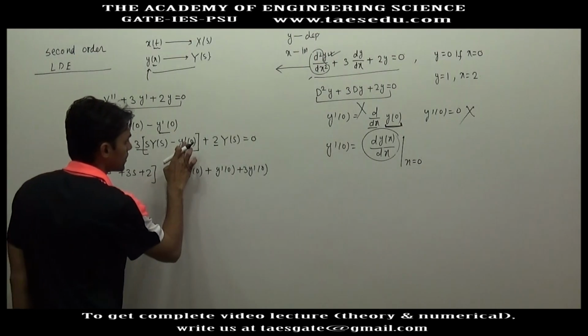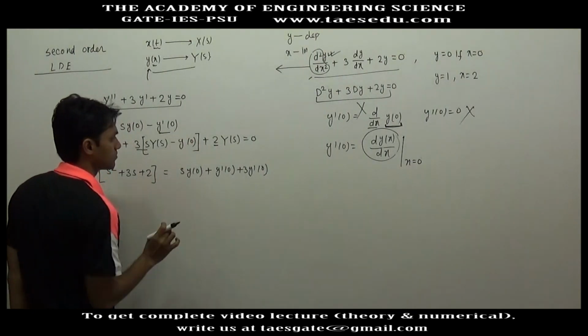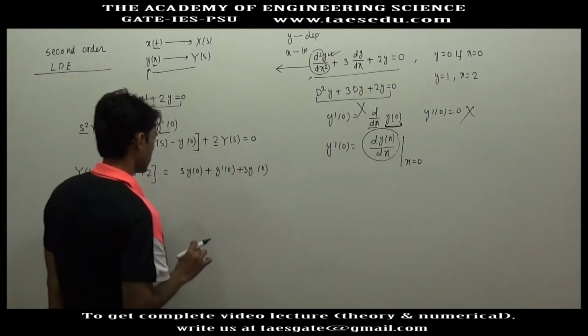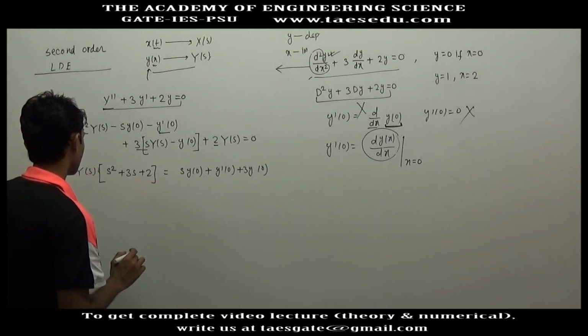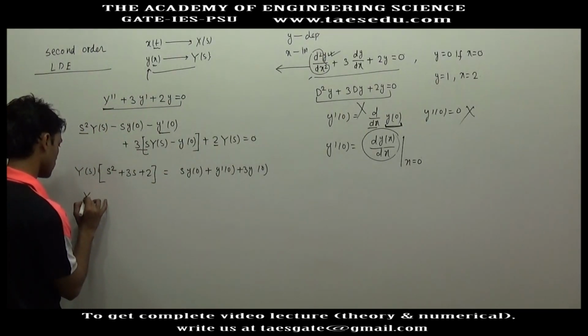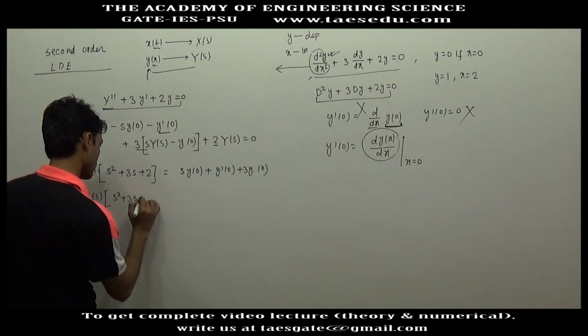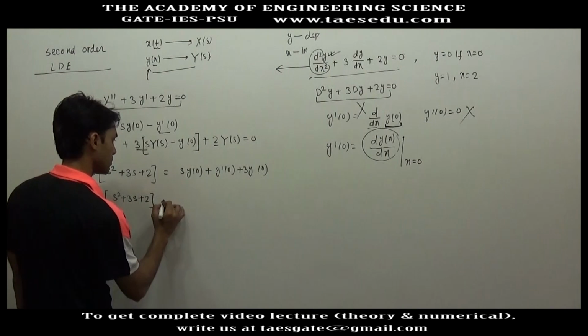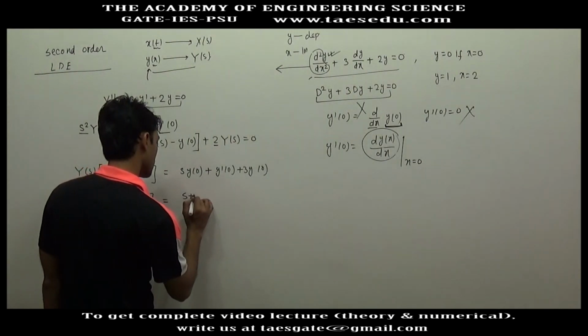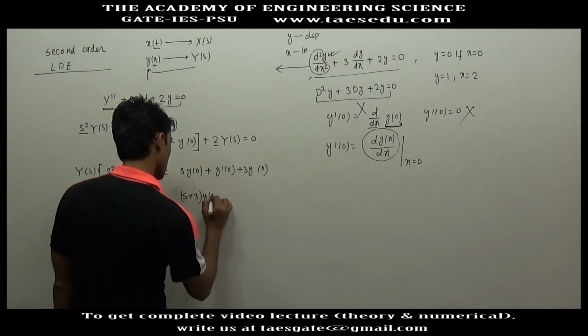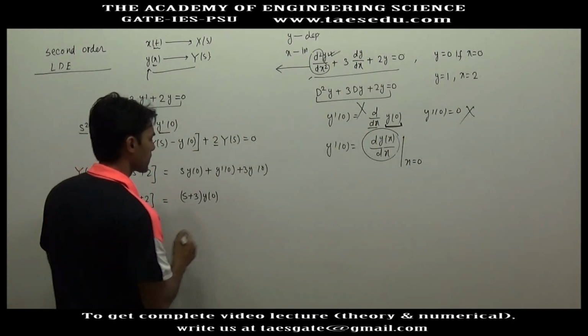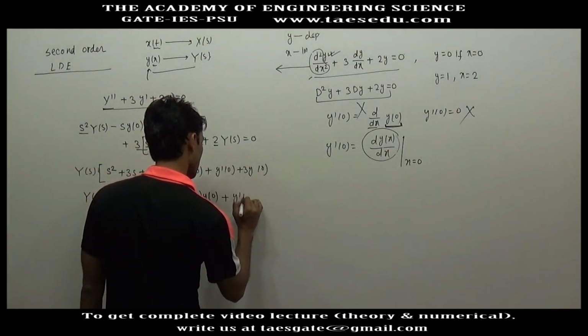Here we will not have y dash 0, we will have y0, 3 y0. Or ys into s square plus 3s plus 2 is equal to s plus 3 into y0, y0 being a constant, plus y dash 0.